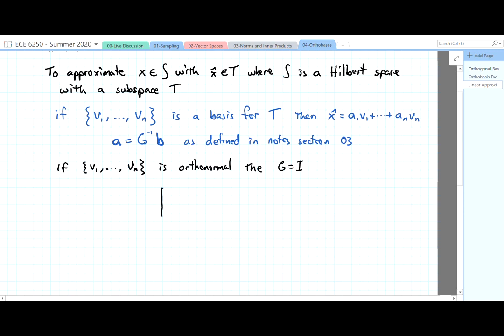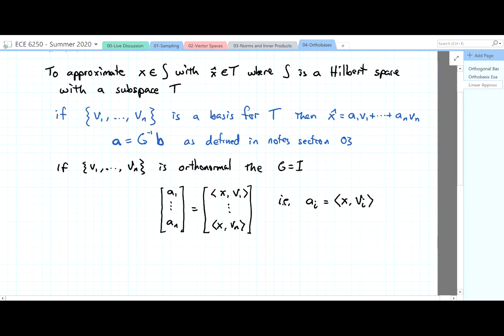And therefore, our coefficients, A1 up to An, are just equal to the projections of x onto v1 up to x onto vn. Or in other words, a of i is equal to the projection of x onto v of i.